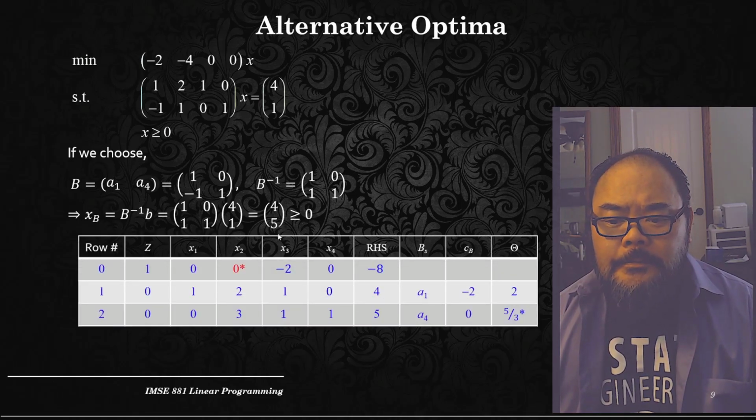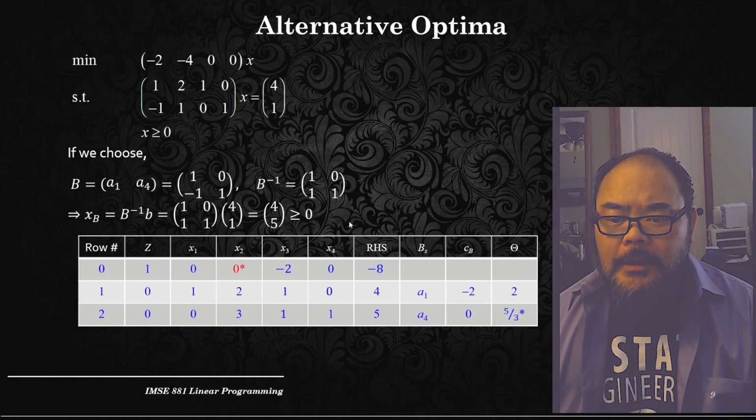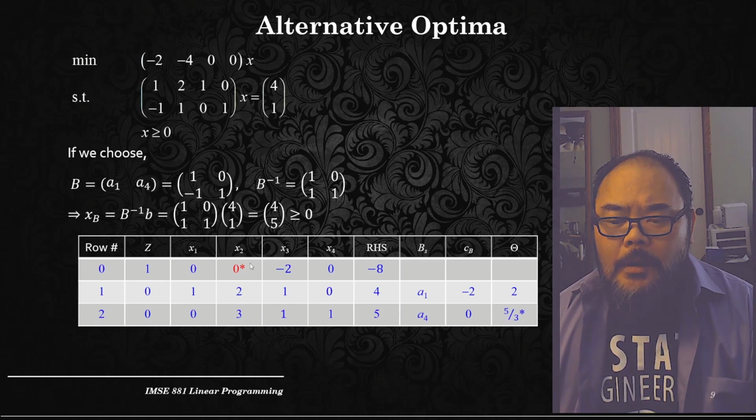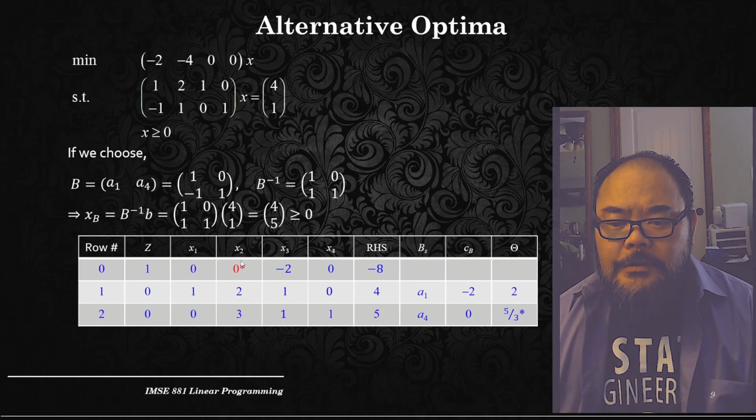Look at the current simplex tableau. We calculate the zj minus cj for the non-basic columns x2 and x3, since x1 and x4 are basic variables. We notice that zj minus cj for x2 equals 0, and the corresponding z3 minus c3 is equal to negative 2.